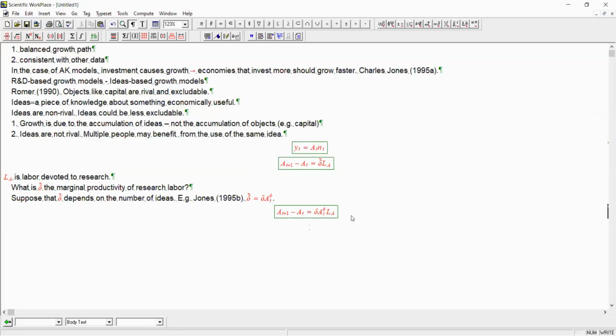And in this context, there are three possibilities, I guess. One is that phi is bigger than 0. Then the more ideas you have, the easier it is to make other ideas.